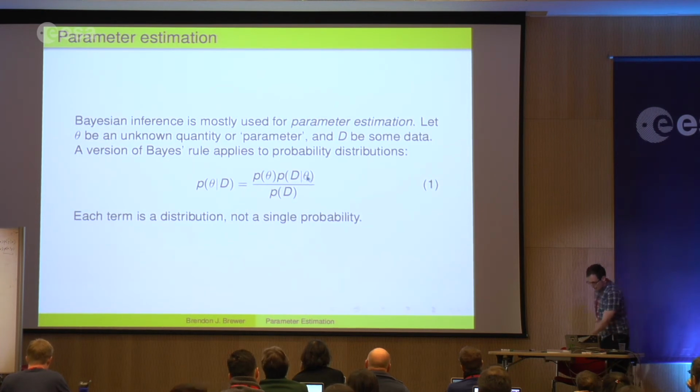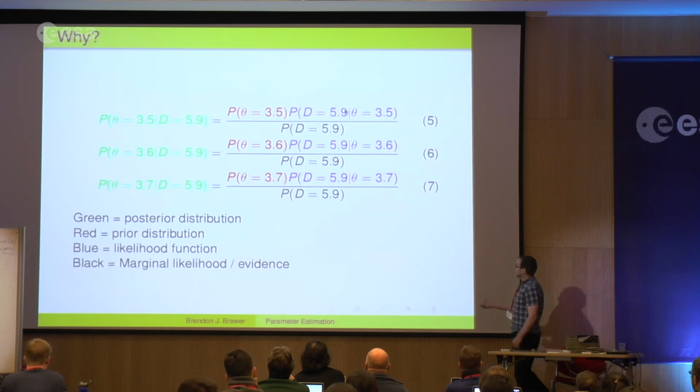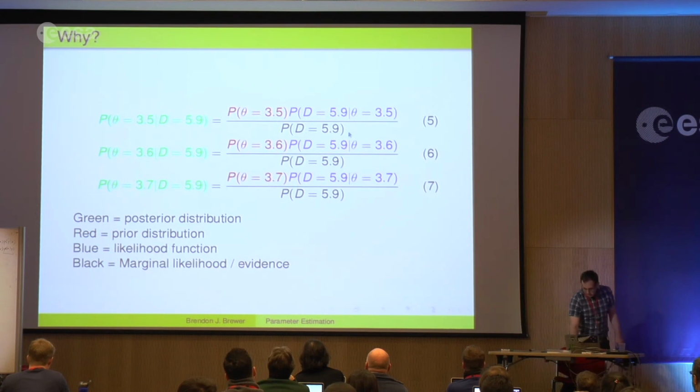It's just a function of theta. And so these are the likelihood values like we had in the first session. So if theta was 3.5, with what probability would I have expected to see the data turn out to be 5.9? Same thing for if theta was 3.6 and if theta was 3.7. So those are the 3 likelihoods.